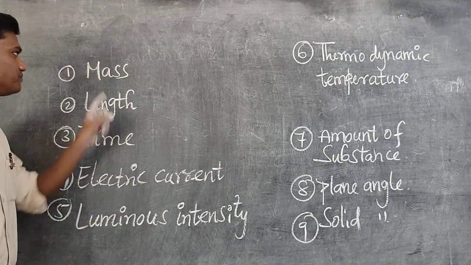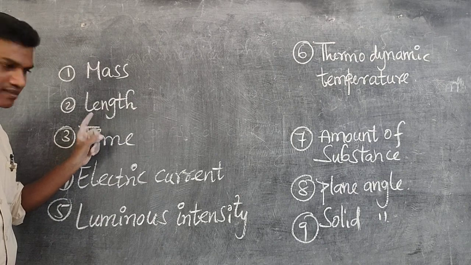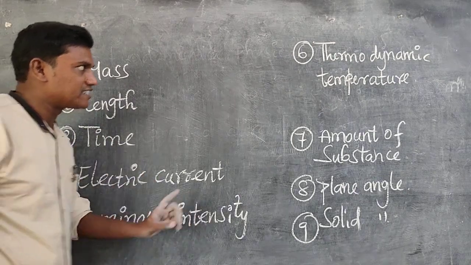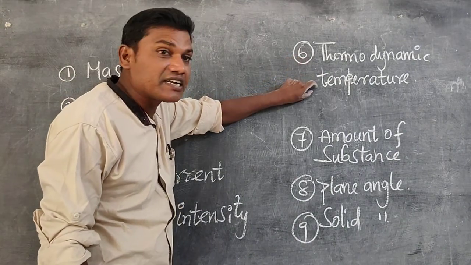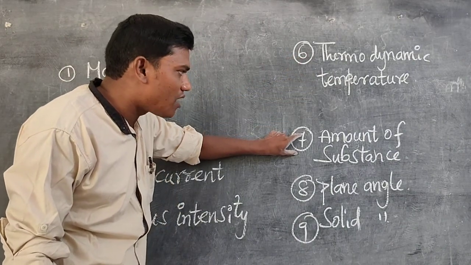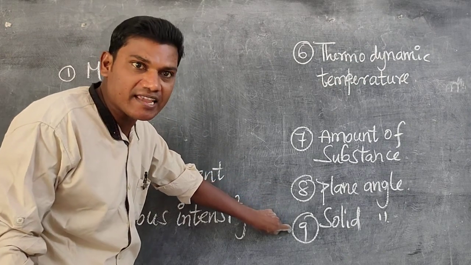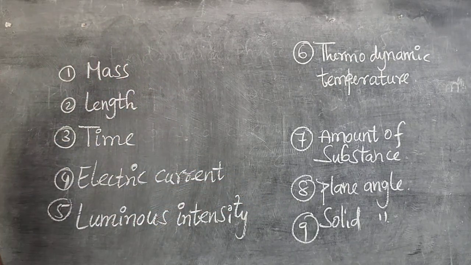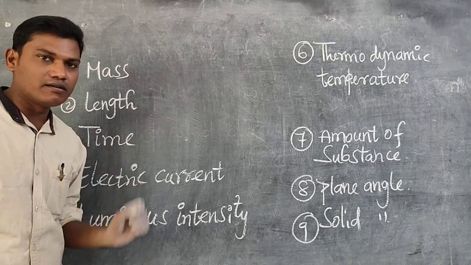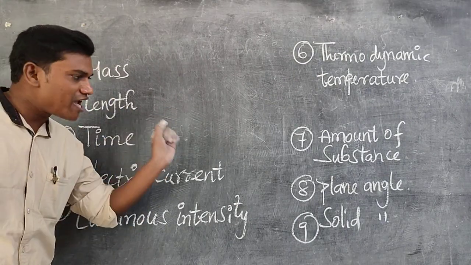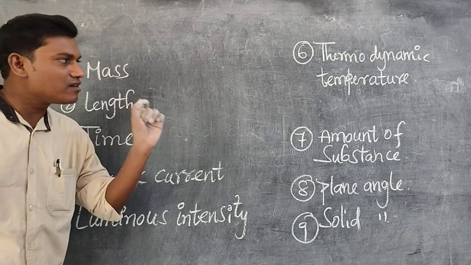They are namely mass, length, time, electric current, luminous intensity, thermodynamic temperature, amount of substance, plane angle and solid angle. These 9 physical quantities we call fundamental physical quantities. Why only these 9 we call fundamental physical quantities?